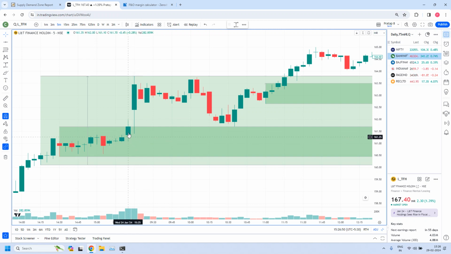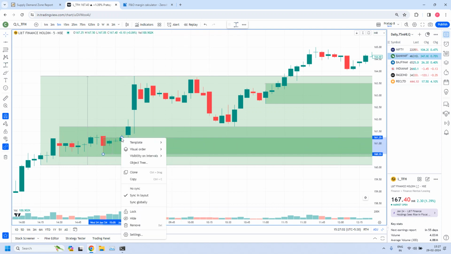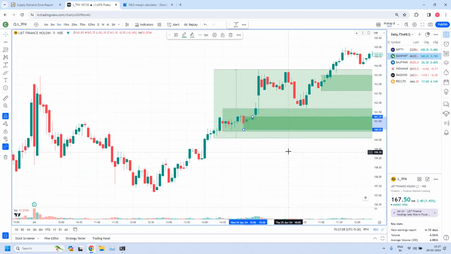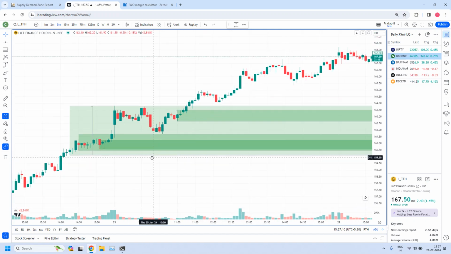There is some hidden body here, but this is more perfect, but okay. You may consider this as a base candle, but I am convinced; sometimes we compromise and we draw. You can consider this as a demand zone. This is a valid demand zone.